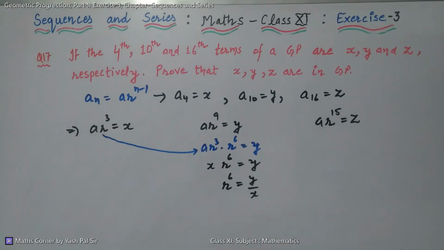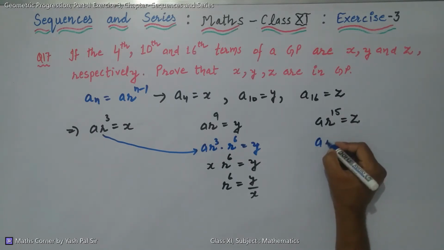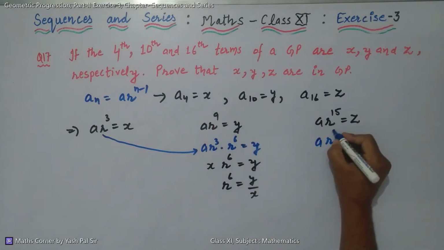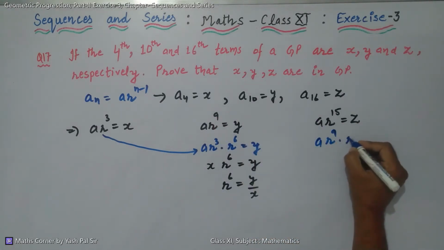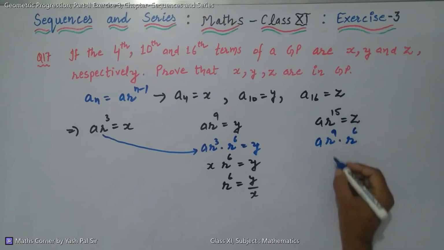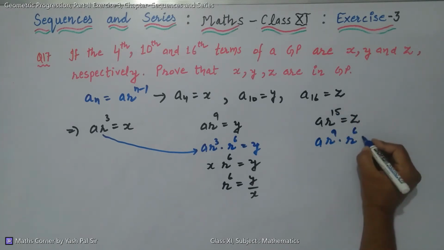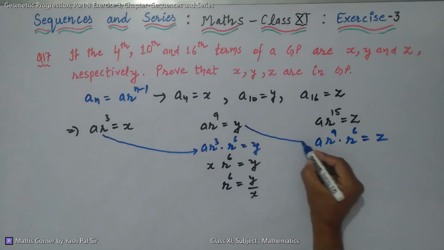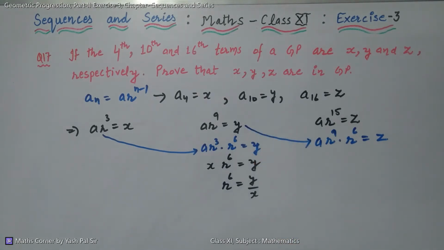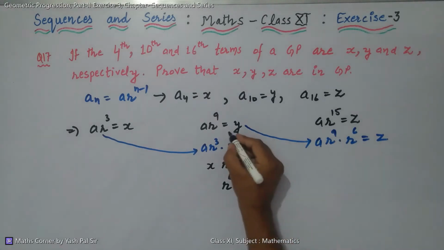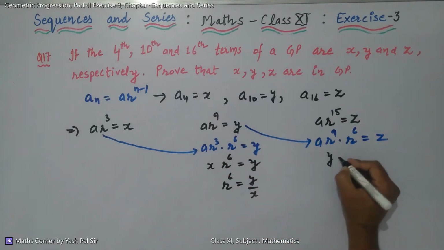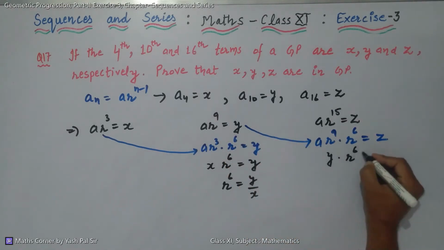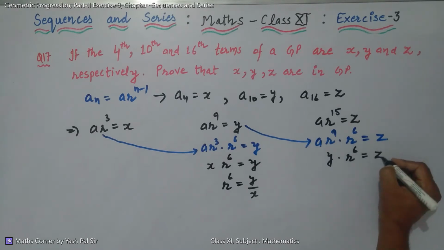Again, we solve this. We can write this as a into r raised to power 9 into r raised to power 6, 9 plus 6 is 15, is equal to z. Again we substitute this value here. So the equation becomes y into r raised to power 6 is equal to z.